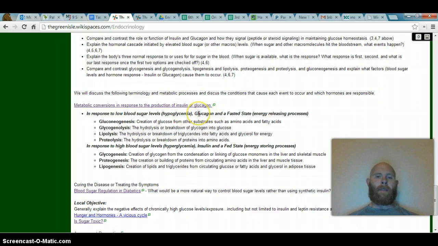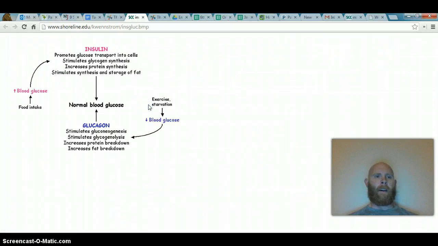In a hypoglycemic state, when glucagon is going to be released, after you haven't eaten in a long time, considered what's called the fasted state, several processes can start taking place in order to maintain homeostasis and provide energy for your body. Let's take a look at this feedback loop here. Click on this link here. It'll take you to this diagram, which is what we should be going over in class as well.